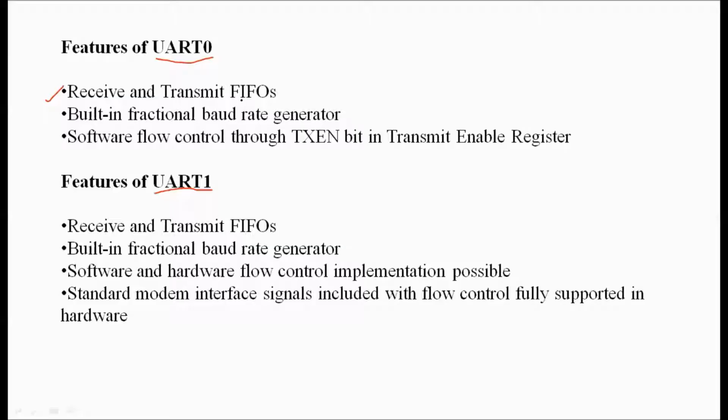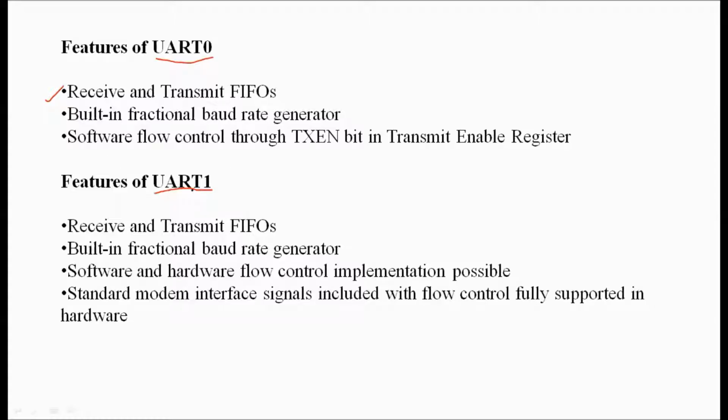Then it has a built-in fractional baud rate generator, so we can program the baud rate frequency. That block is available internally. Then software flow control through TXEN, the transmitter enable bit in the transmit enable register. So you can control the flow of data transmission using this bit in UART 0.